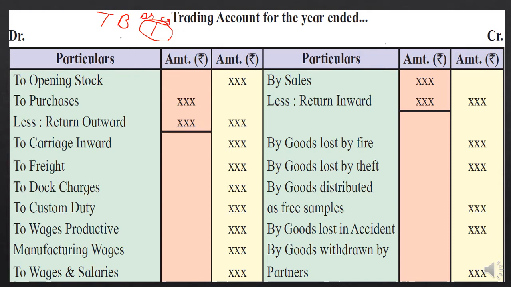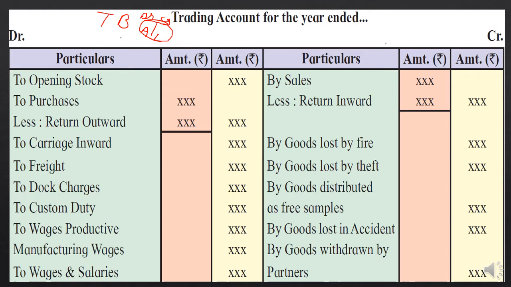The debit of the trial balance will be debited only, and the credit of the trial balance will be credited only. So a debit item will be posted on the debit side only, and a credit item will be posted on the credit side only. And you know, liability is of a credit nature and asset is of a debit nature.